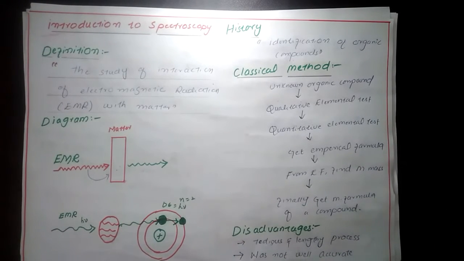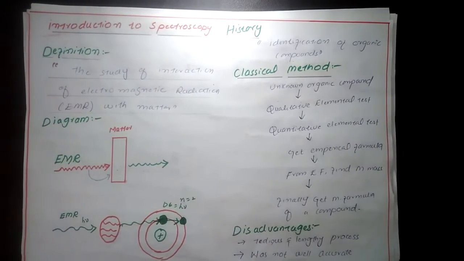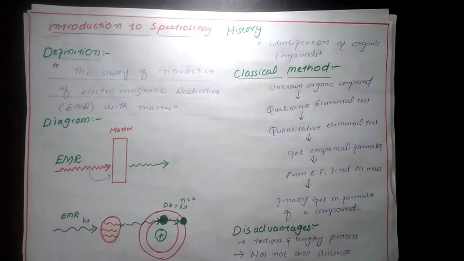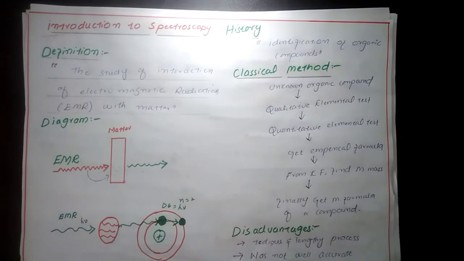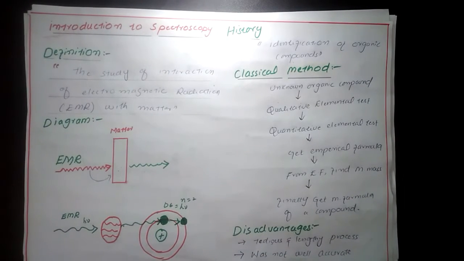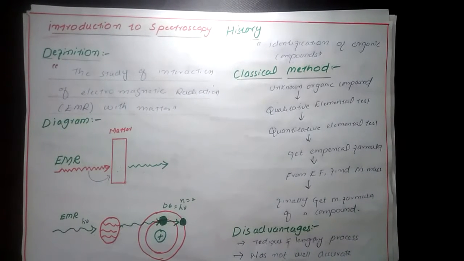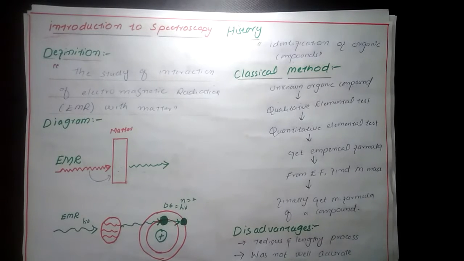From here we would get the empirical formula, and once we got the empirical formula, from there we would find the molecular mass. And once we found the molecular mass, we would get the molecular formula for the compound, right?